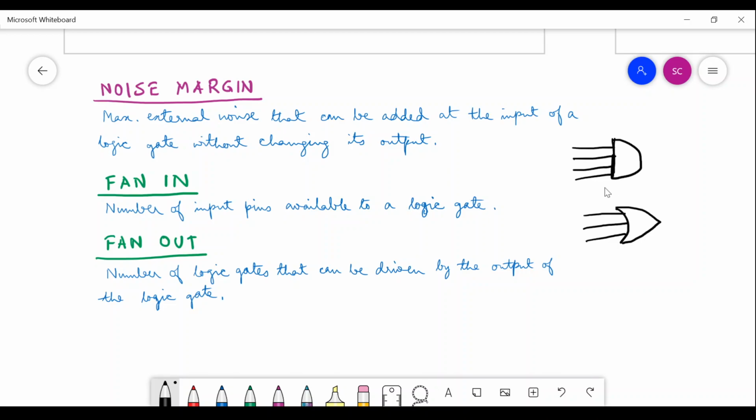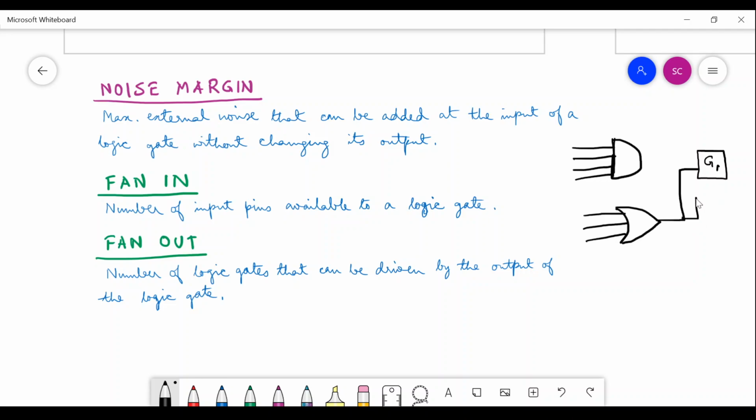What is fan out? The number of logic gates that can be driven by the output of the logic gate. So like this output, you might want to connect to some gate here. Since I don't know what that gate is, I am drawing a square block, some gate G1.